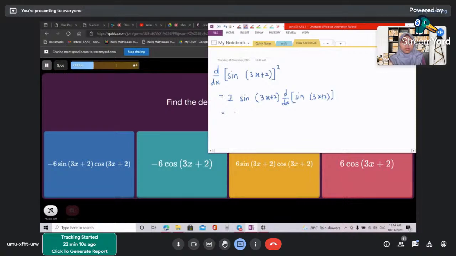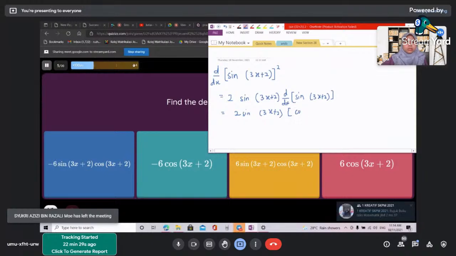Okay, then to differentiate sine 3x plus 2. Okay guys, how to differentiate sine 3x plus 2? What is the derivative of sine? Cos. Okay, good.